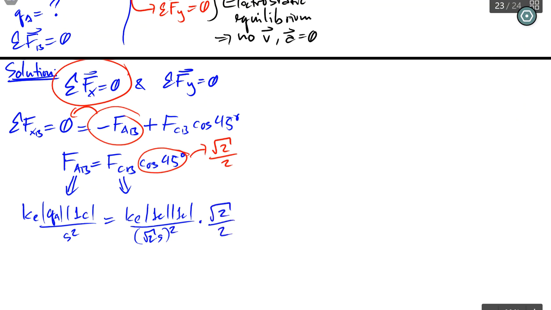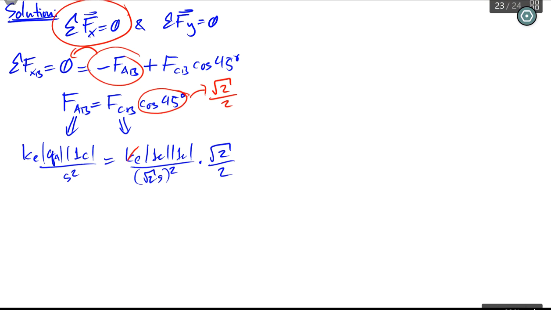Now notice a lot of things are going to cancel out here. I have KE on both sides. I have 1 coulomb, so the unit of coulomb is going to cancel out. This square root of 2 S squared is going to become 2 S squared, and so that's going to cancel out. Okay, I think we're good.